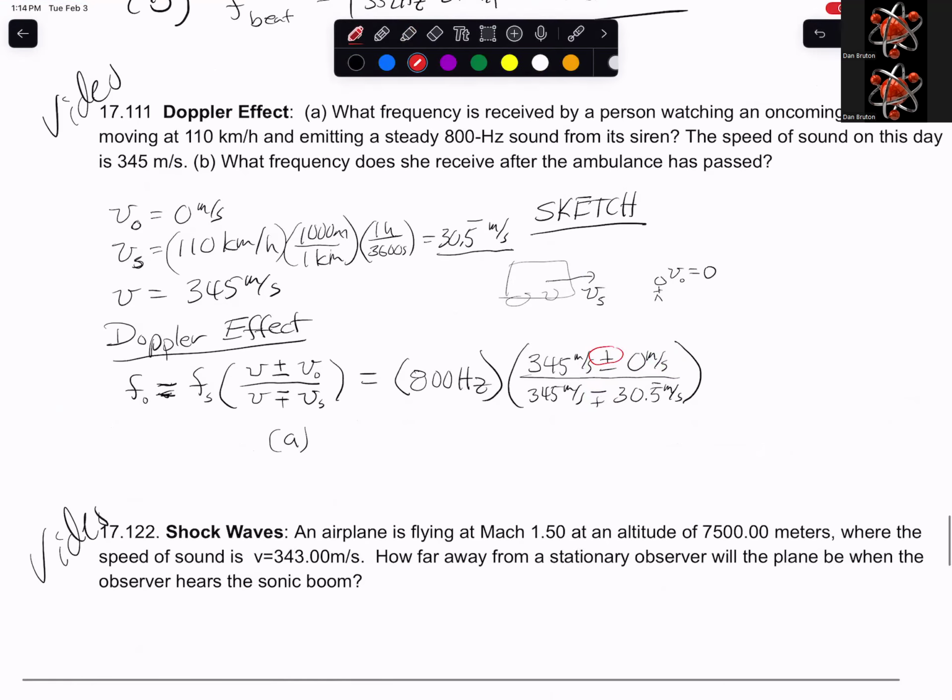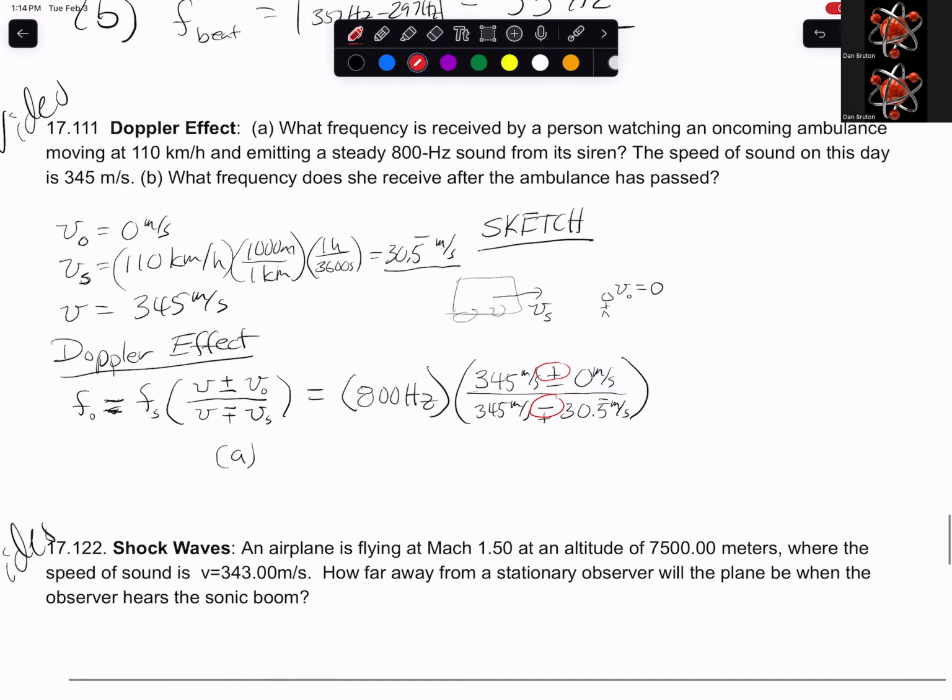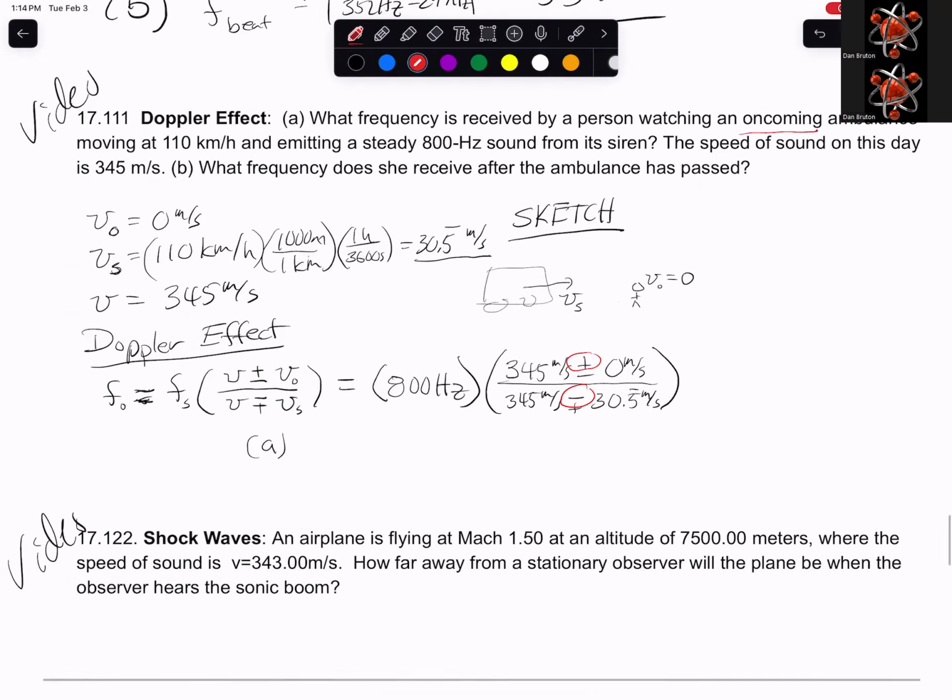So that would be this right here and that right there. And so for part A, when they're approaching each other, let me make sure that they are oncoming, right? And so for this one, the frequency that you get ends up being subtracting those two together. So it's going to be greater than 800.